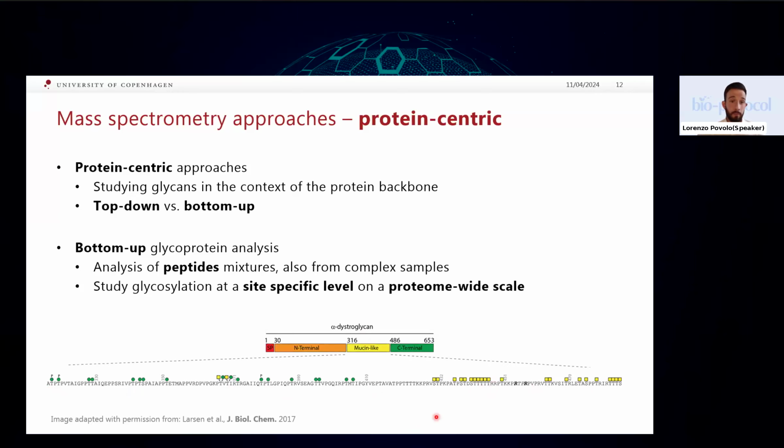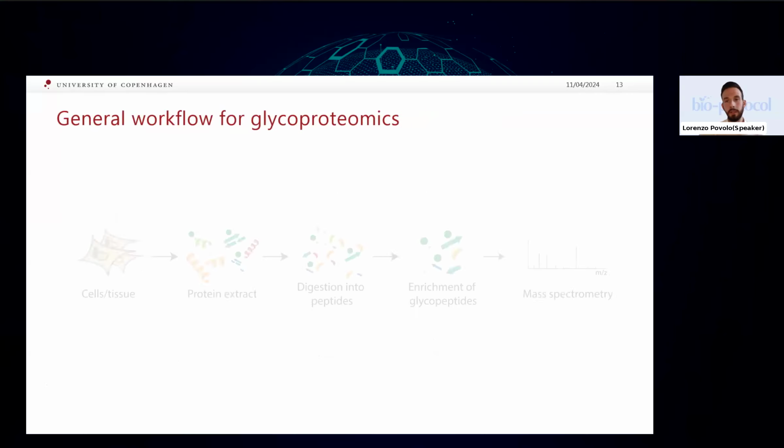So the bottom-up glycoproteomics analysis is the focus of this presentation. And as you can imagine, just like many techniques in biology, there are a lot of ways of doing bottom-up glycoproteomics analysis. Although a general workflow for glycoproteomics looks like this.